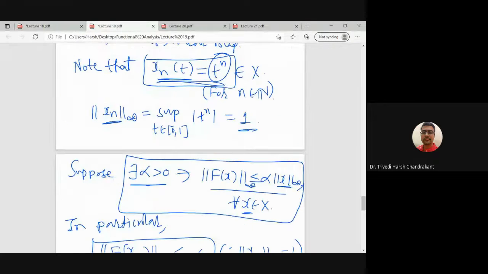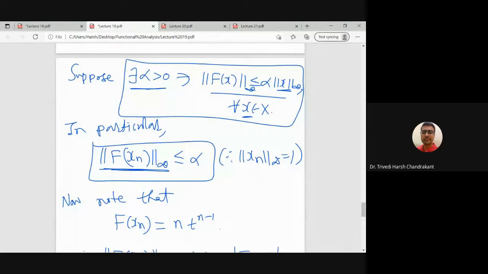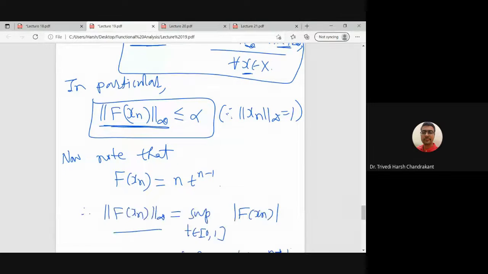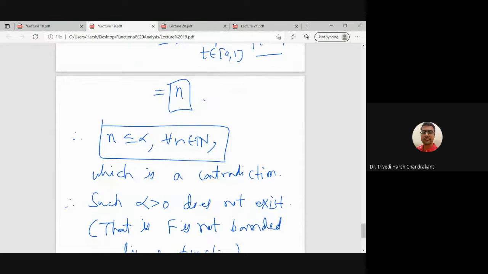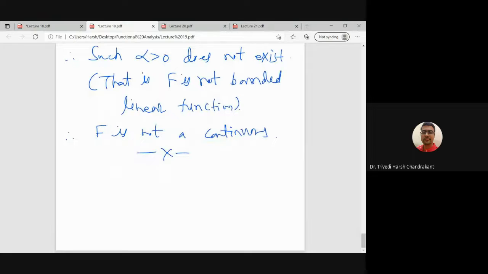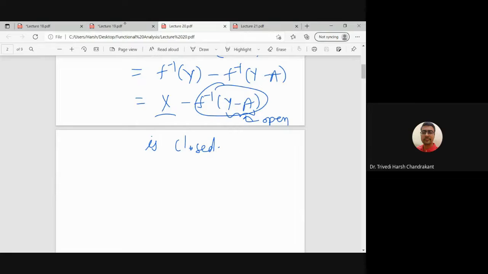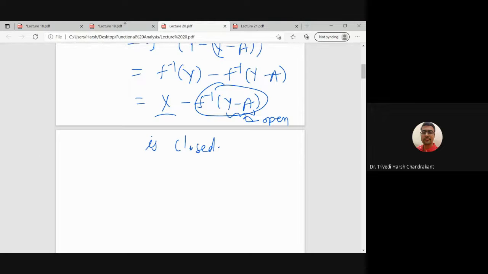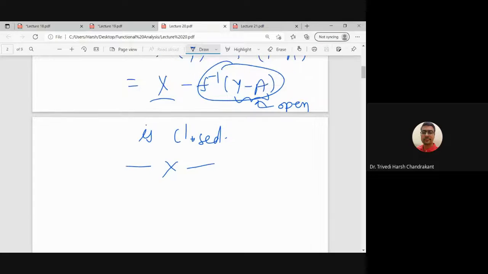Because if there exists alpha, then the image of x_n, F x_n, in the sup norm is exactly n, and that will give us n is less than or equal to that fixed number alpha, which is a contradiction because n varies over the set of all natural numbers. So this is the first example which we discussed in the last lecture, which is a discontinuous function on an infinite dimensional vector space. I think one more example we discussed earlier in terms of e_n by n.